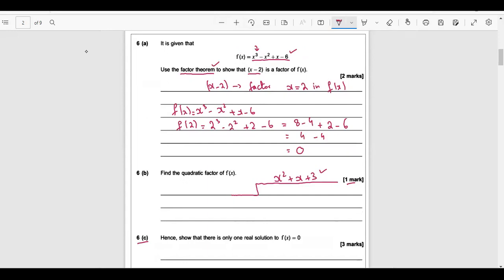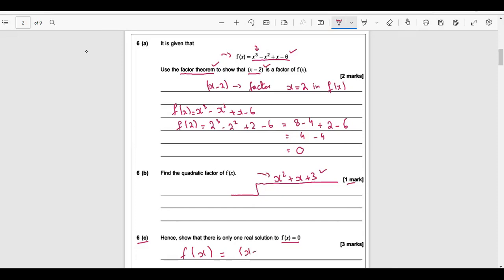Okay. Now this is the third part. It says, hence, show that there is only one real solution to f of x equals 0. Now this is f of x. We know how to find solutions, right? Instead of writing down that cubic equation, I can write it down as a product of this linear factor and this quadratic factor.